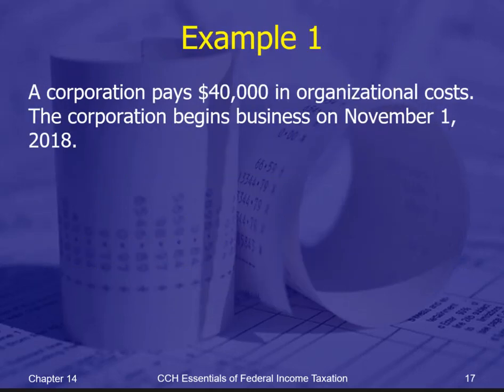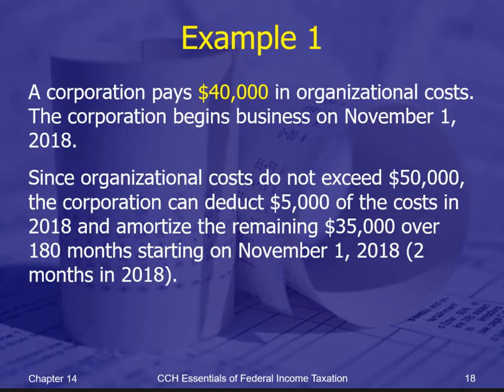So, for example, if you pay $40,000 and begin business on November 1st, it's not over 50, so we can deduct $5,000 in 2018, and then you amortize the rest, the $35,000, over 180 months, and there'll be 2 months, November and December, for 2018. So it's a straight-line depreciation scenario.